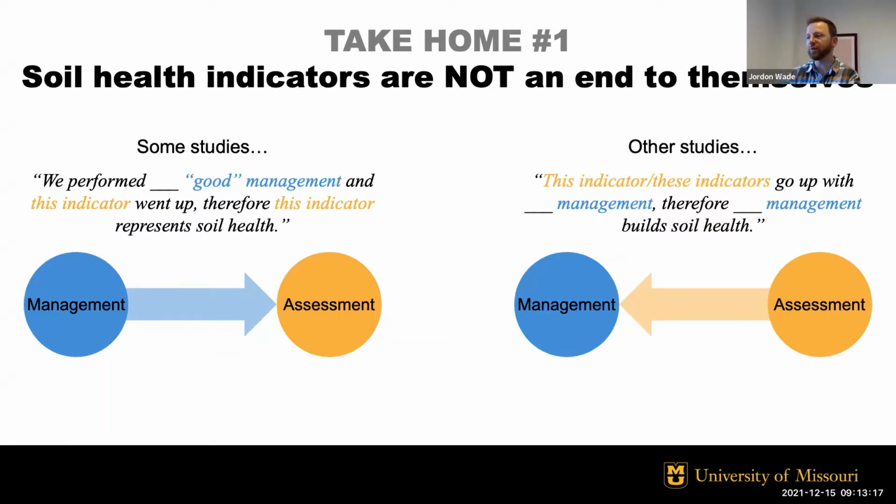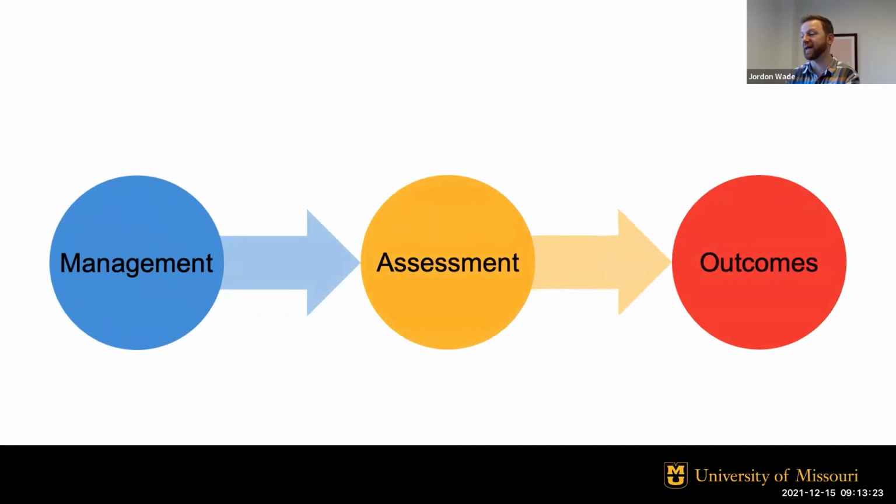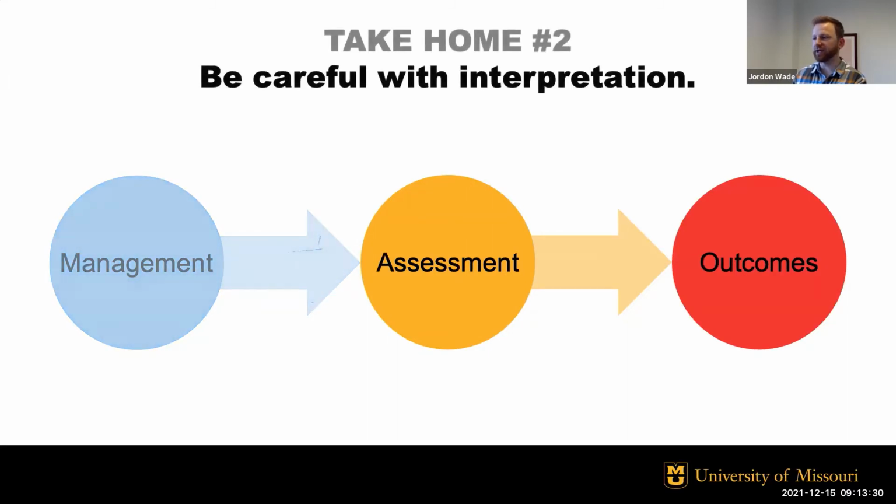Unfortunately, we can't have it both ways. That's why it's really important to link those indicators, that assessment, to some sort of actual outcome. That linkage is a little tricky, so it's really important to be careful with that interpretation.